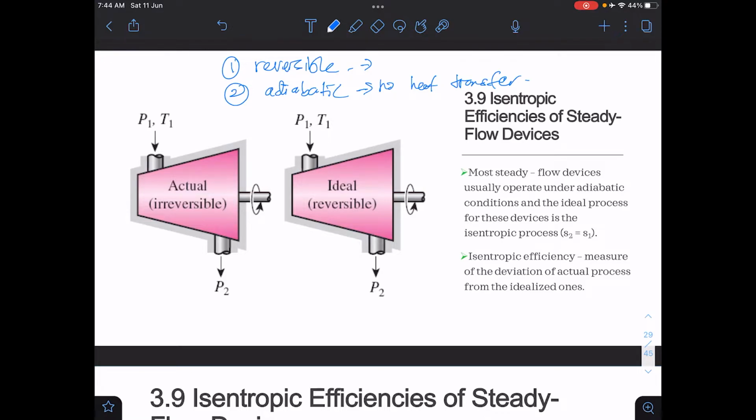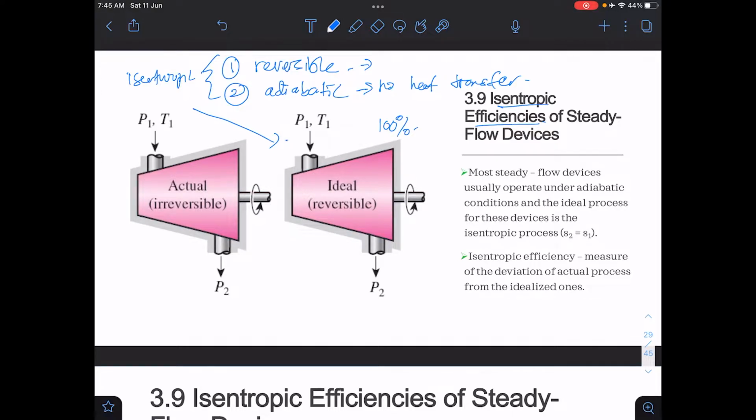So if the process is isentropic, we can claim this as an ideal steady flow device. That means if we calculate the efficiencies, or what we call the isentropic efficiencies later on, it should have the value of 100%.